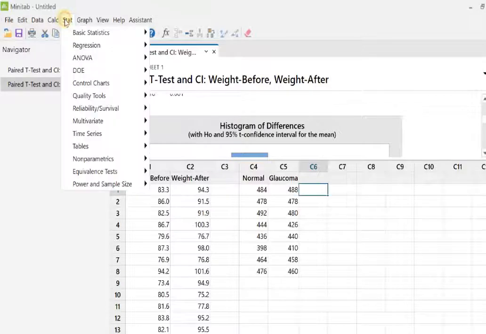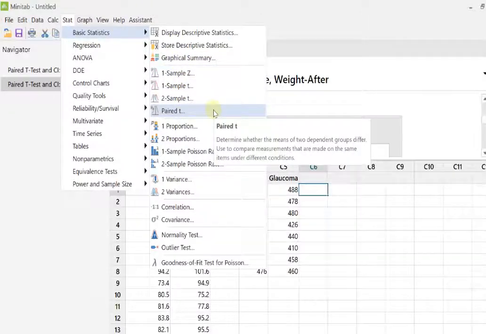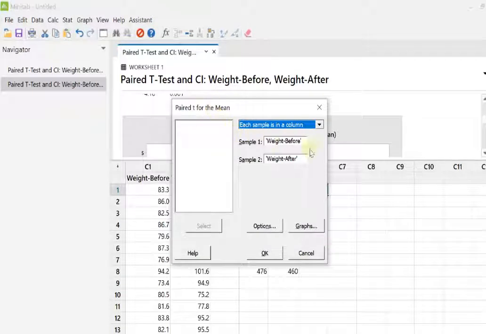Remember, we go to stat. You go to basic statistics and go down to paired T procedure.